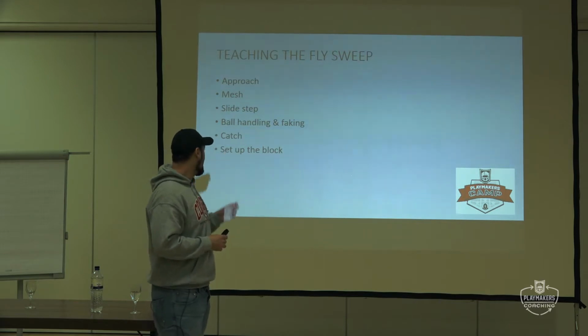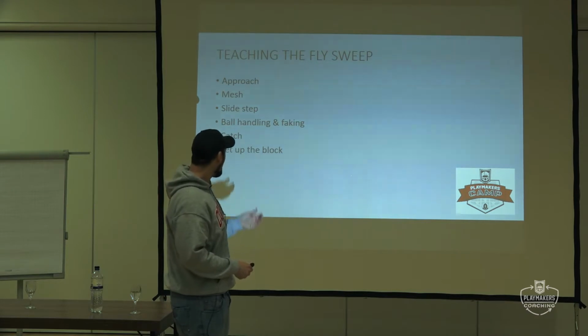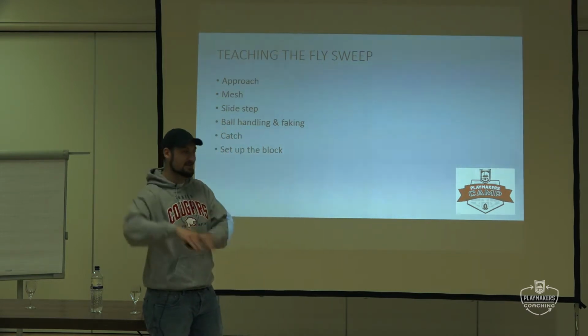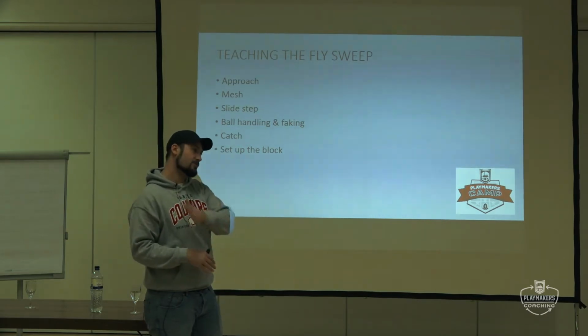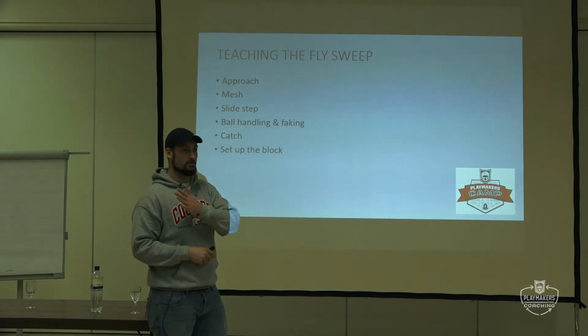The slide step. Now, if we are under center with the quarterback, after the mesh point, we want our runner to slide step. That means to lose about 2 yards, maybe 3, of ground.